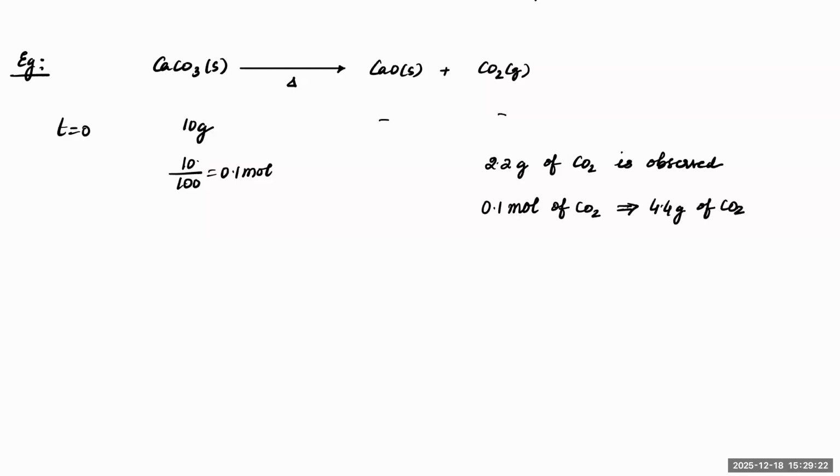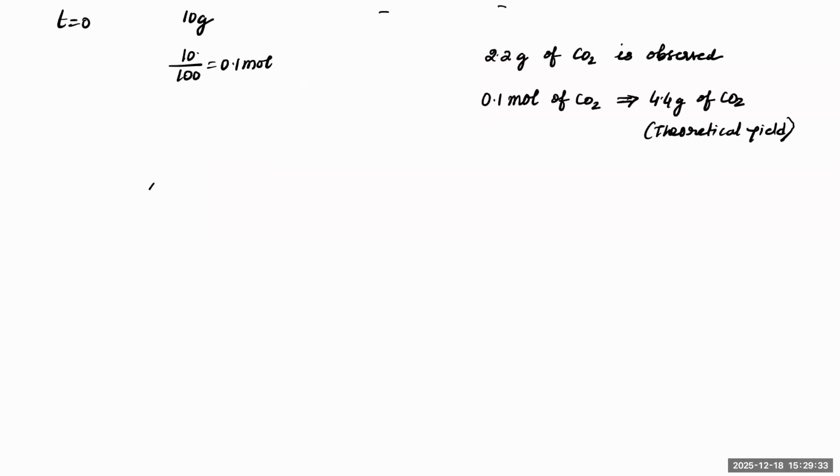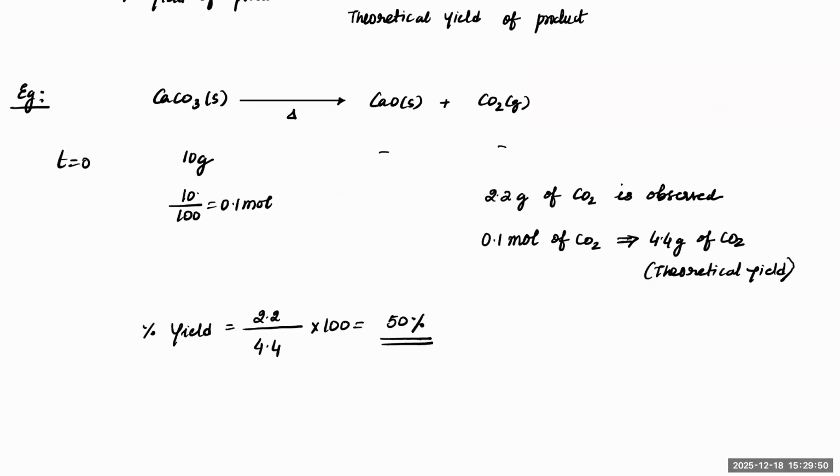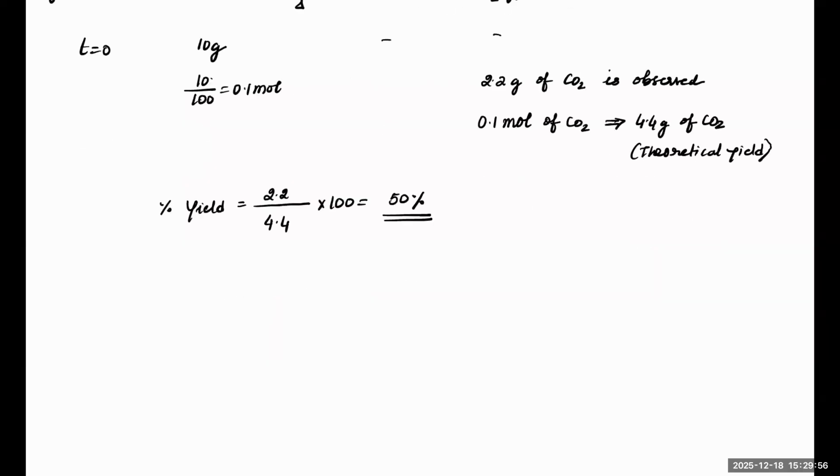This is the theoretical yield. Hence, the percentage yield suggests that I'm only getting 2.2, which is the observed yield, but theoretically I'm supposed to get 4.4, into 100. That's how it becomes 50 percentage. The percentage yield is 50 percentage. All good?